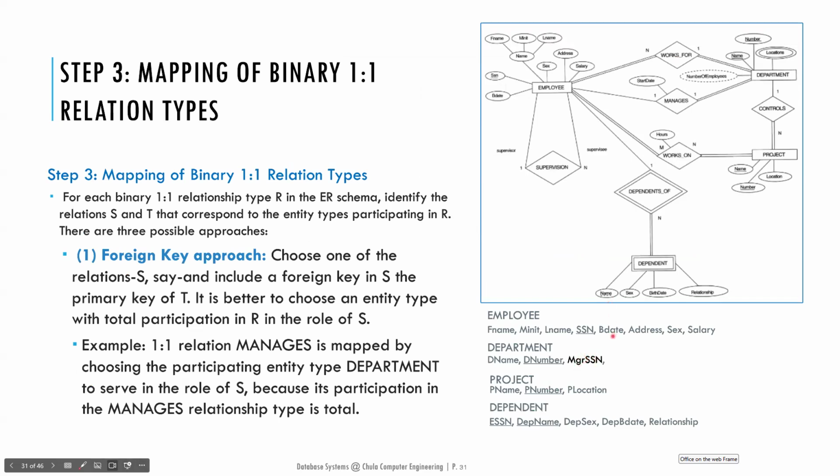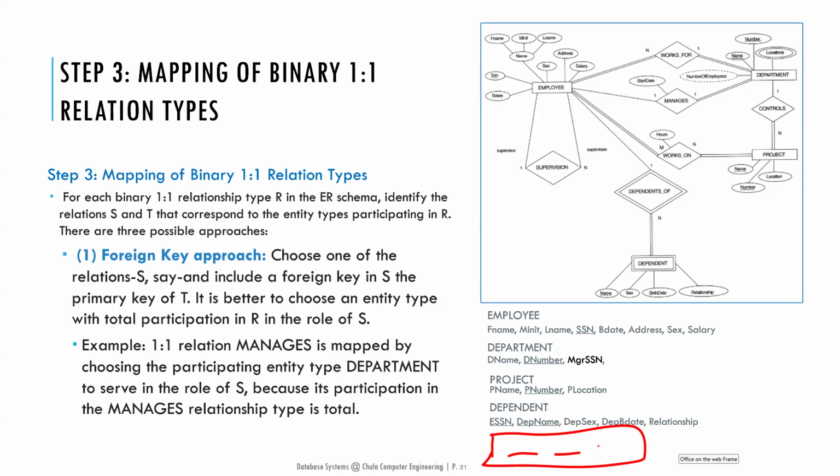What happens with the third option is that we are going to form a new relation, maybe I'll call it managing or something like that. And then I will take the key from one side and the key from the other to form this one.